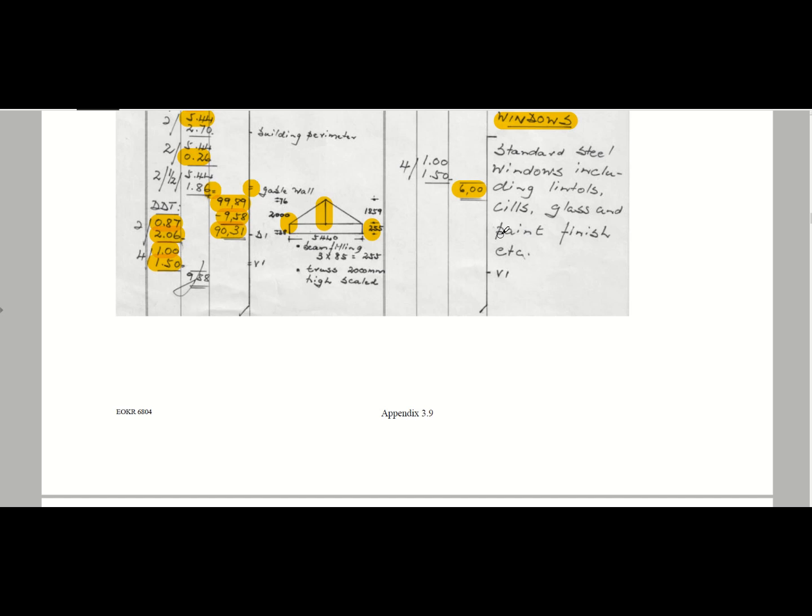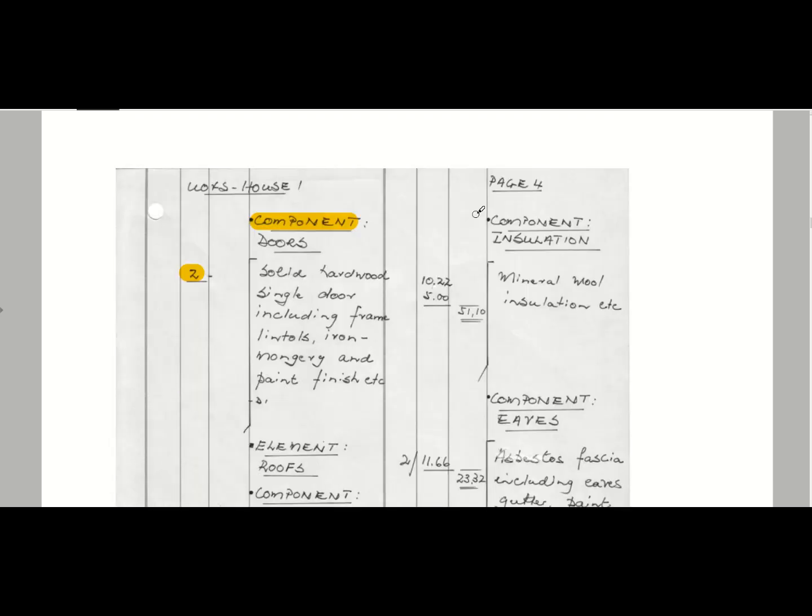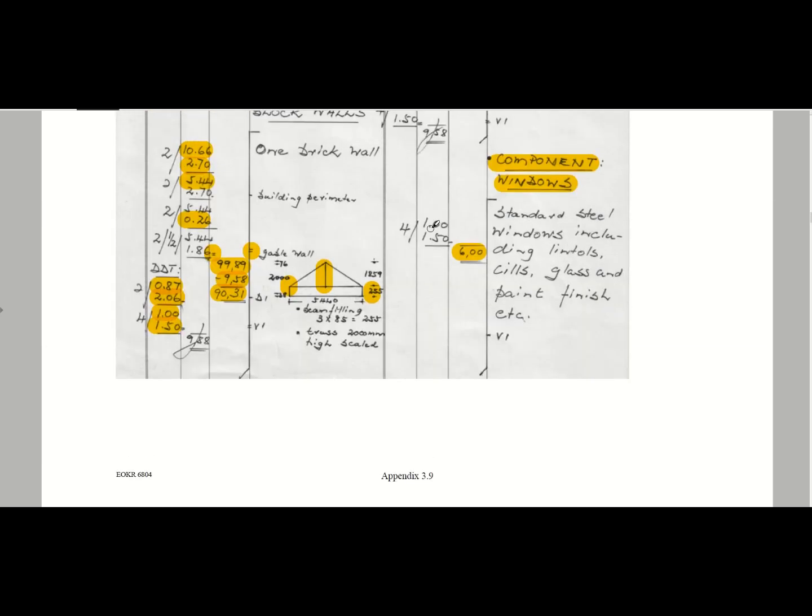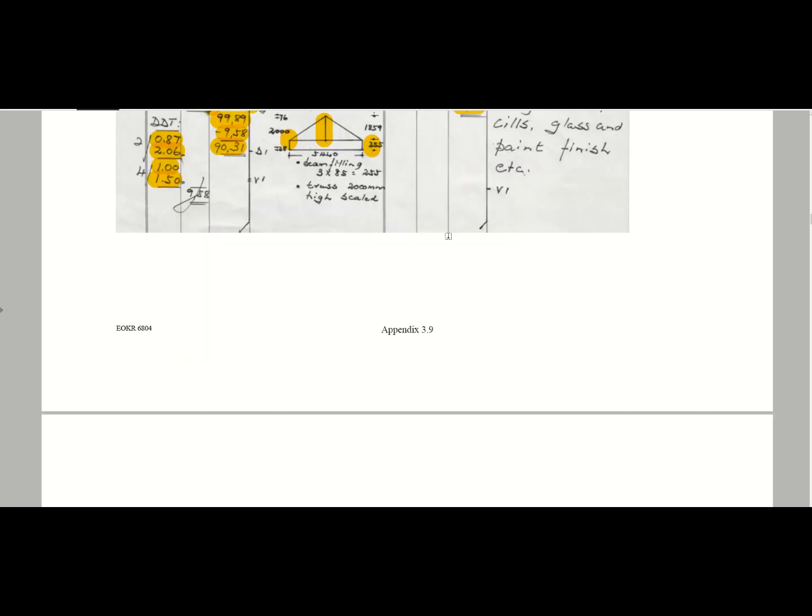If it's steel windows, you can use that same rate for that. If it's aluminium windows, you use a different rate. If it's wooden windows, you use a different rate. But it just allows you to have a more accurate estimate of how that works. Okay, but you still have the option of numbers. In this example, numbers would have worked very nicely because you only have one type of window.